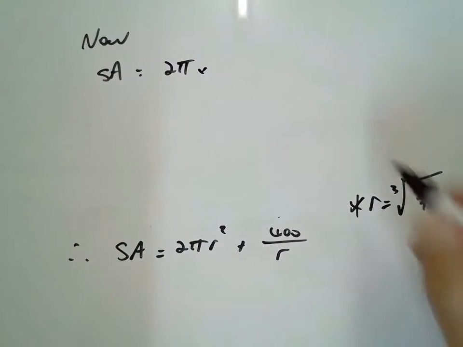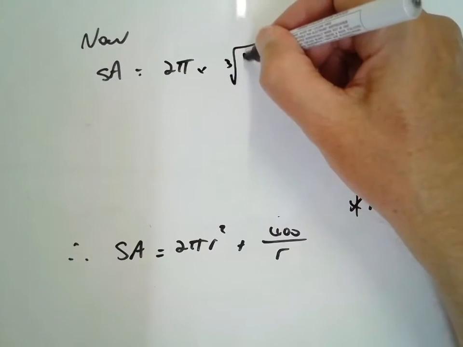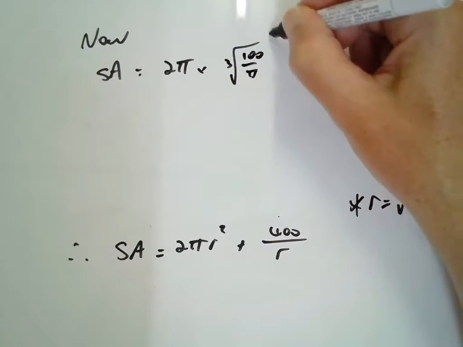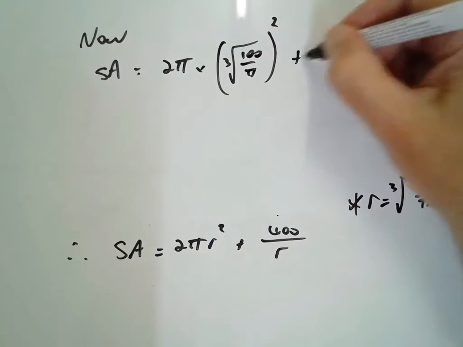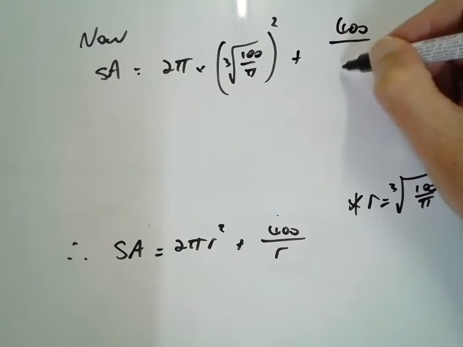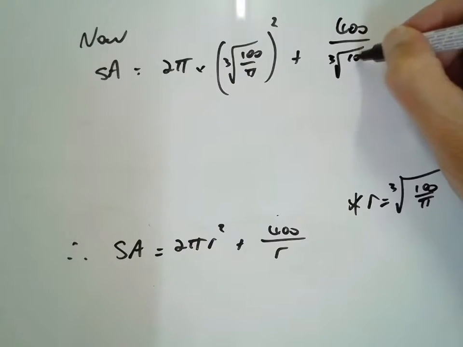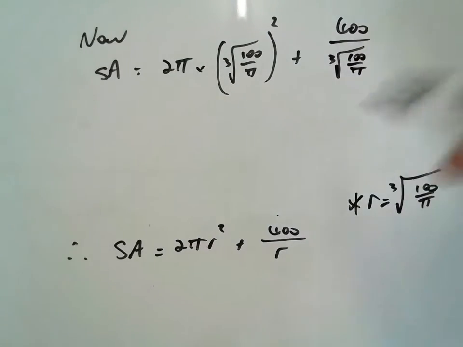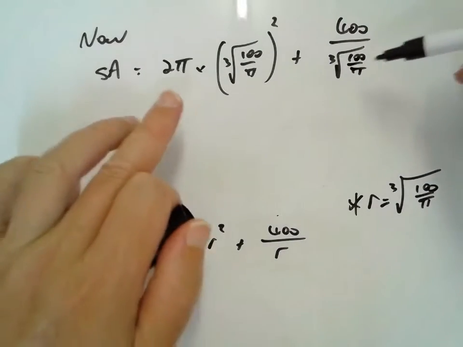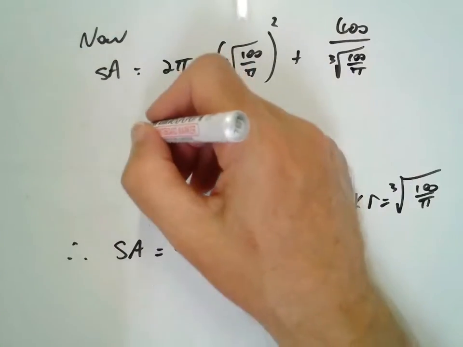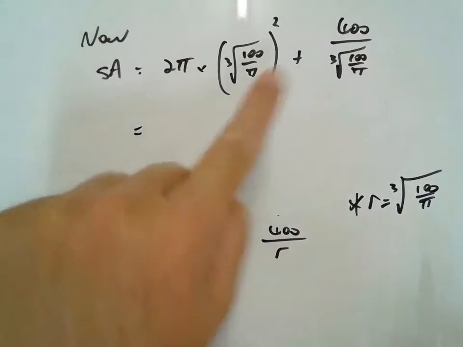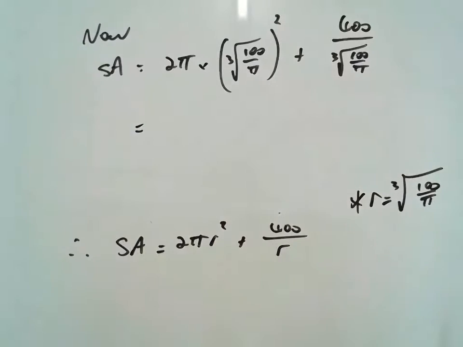Well, r is the cubic root of 100 on pi, and I want to square it, plus 400 on the cubic root of 100 on pi. It might look yucky, but we have calculators, so let's not stress too much about it. We're going to whack that in the calculator just the way it looks. Potentially you could even put that to a decimal and bring your decimals in here if that's too scary for you. It's all good.